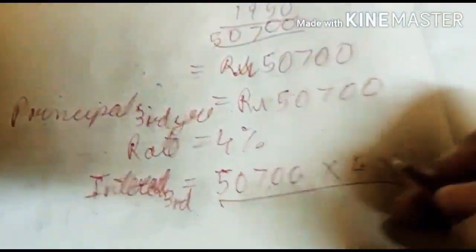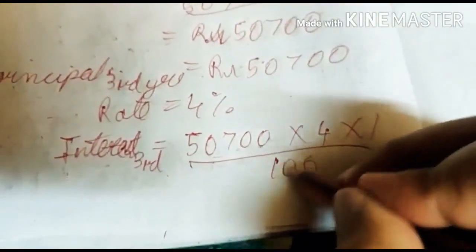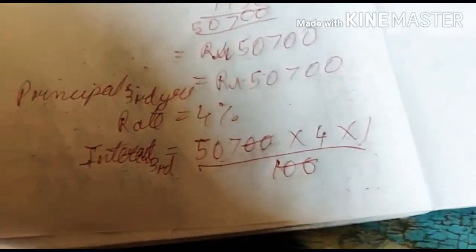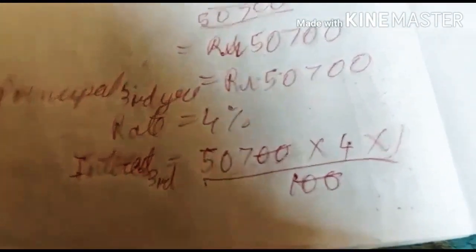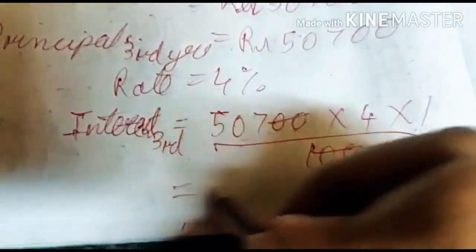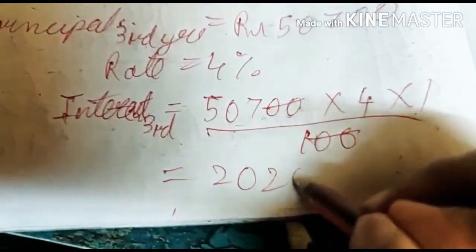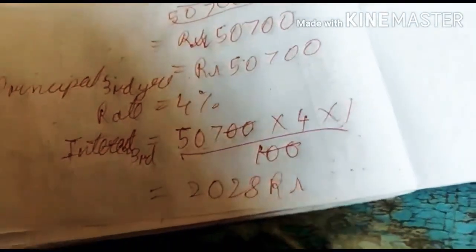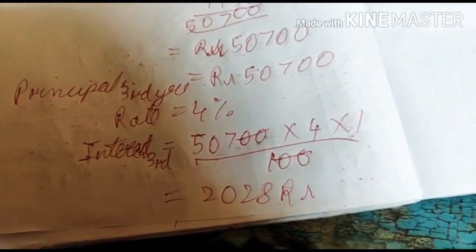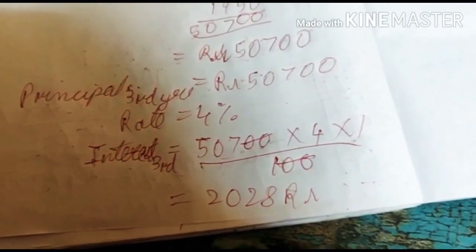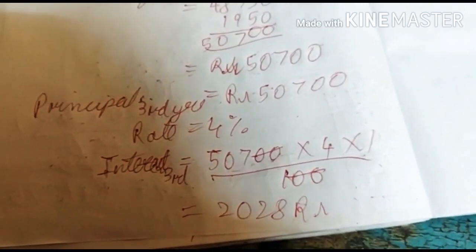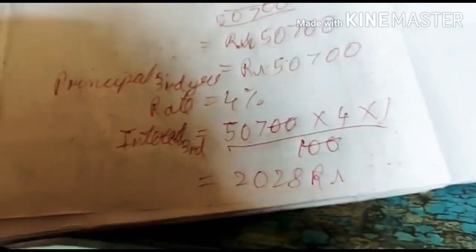Third year time duration only 1 year upon 100. 100 divided by this 507 into 4. This comes out to be 2028 rupees. This is the interest to be paid at the end of third year. This is the interest only for the third year, not the total interest. Interest only for the third year. Okay, we have to calculate only this.